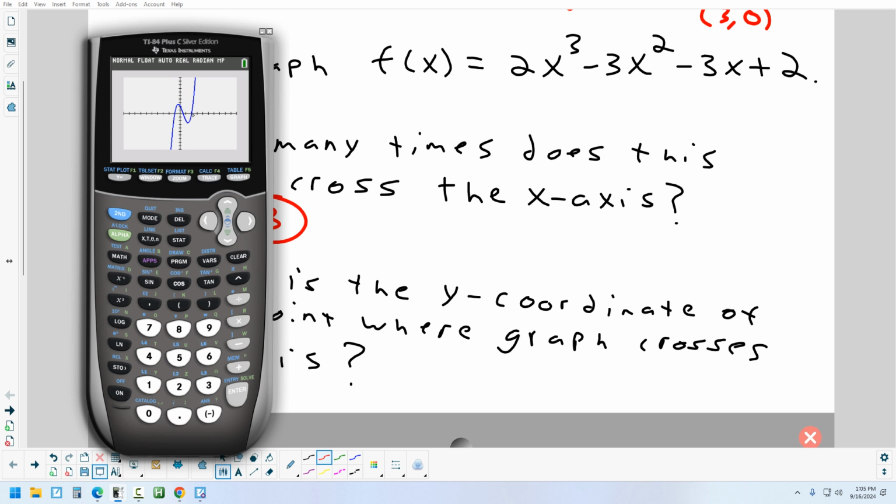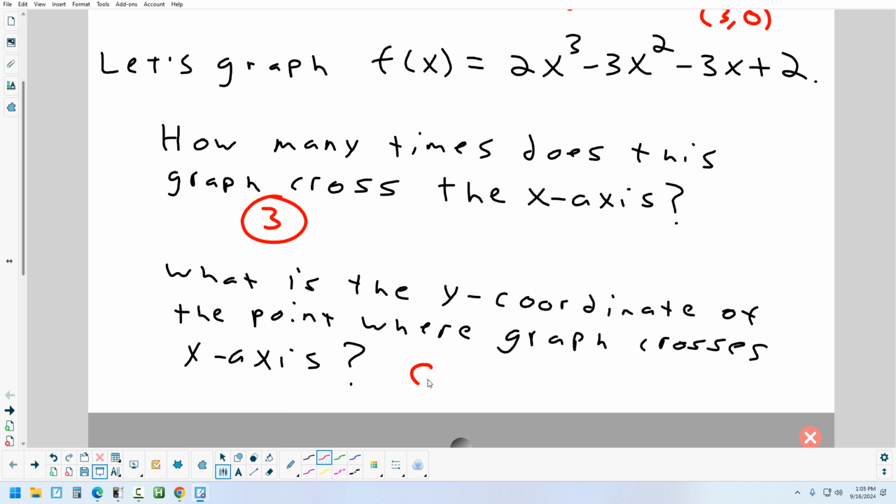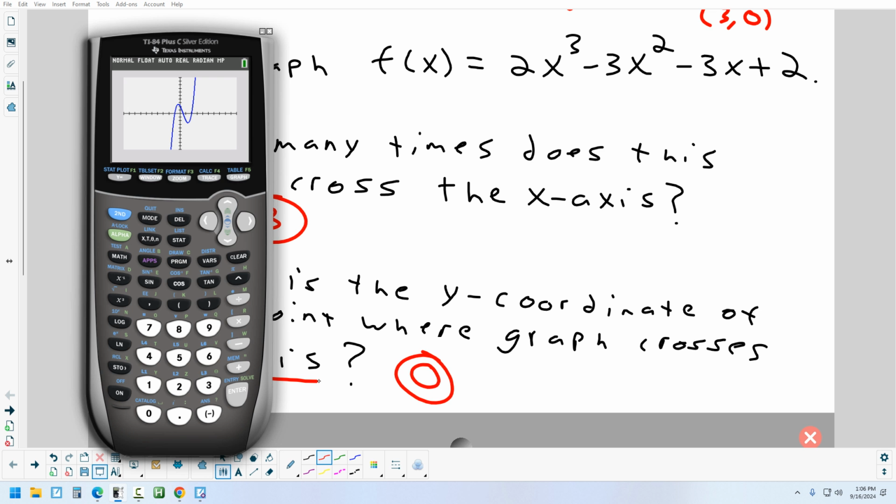Yeah, 0. Exactly, it would be 0. Anytime you're looking at a point that's on the x-axis, the y value is always 0. Any question on that?